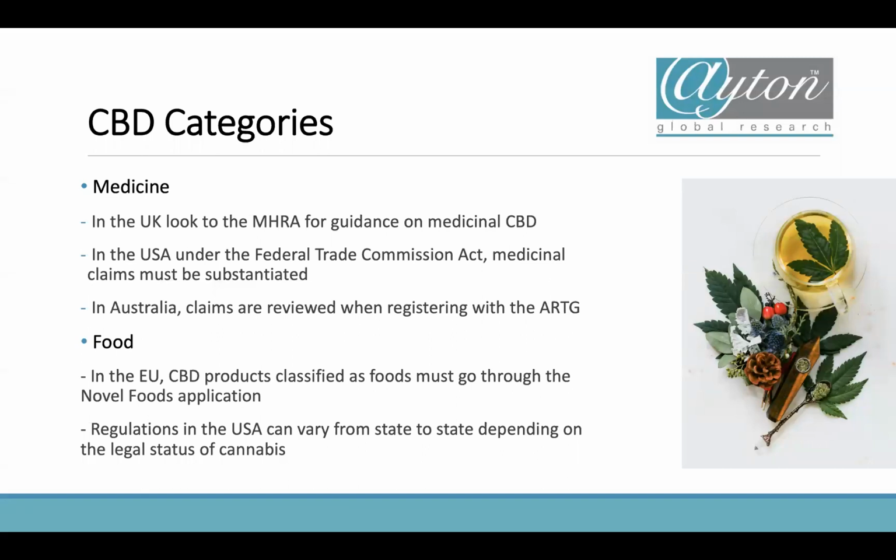So if it's a medicine, you have to look at that MHRA guidance on medicinal CBD and know what's in there. That's really difficult as well, to get a medicinal CBD in the UK. So generally you probably won't be doing that. You might be.